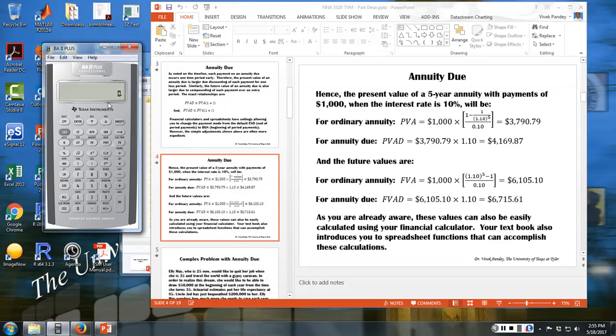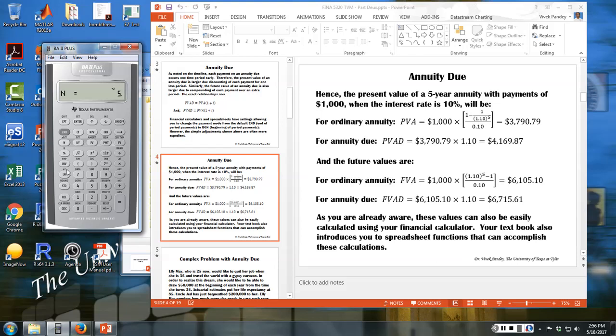So I'm going to, let me stop the slides right here. Let's look at the calculator here. And you could simply use the calculator functions. For a regular annuity, 1,000 is payment, and we're talking about a 5-year annuity.